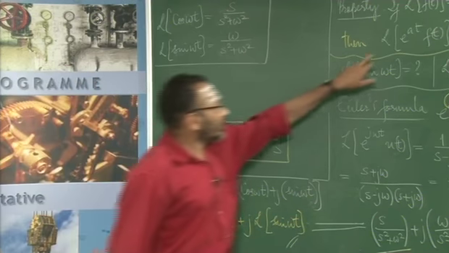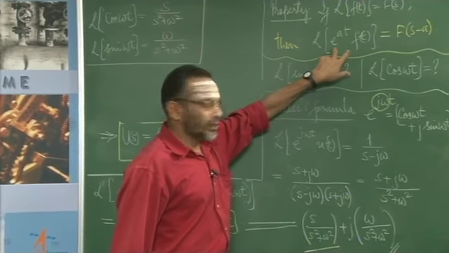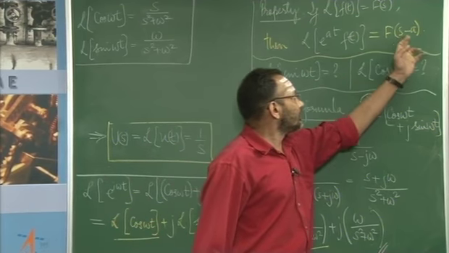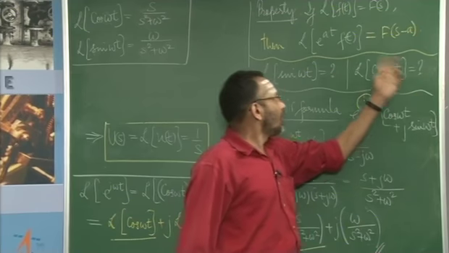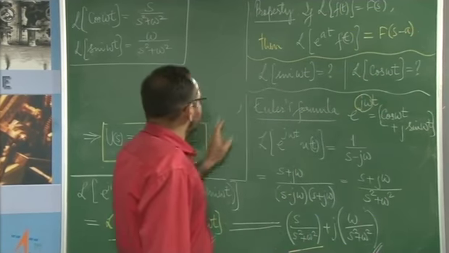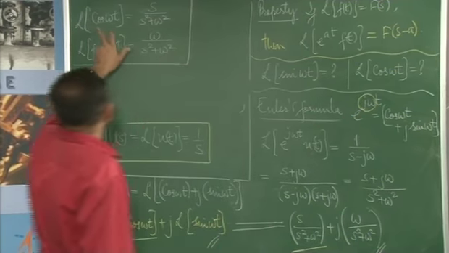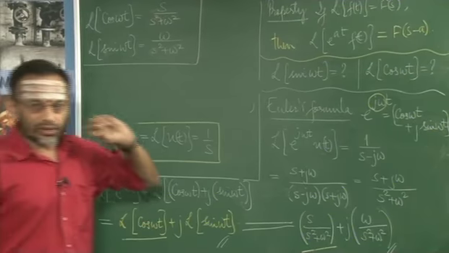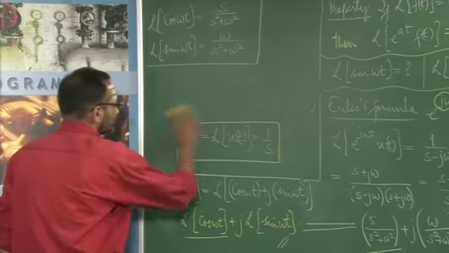Then we have seen that if I multiply the function by e to the power of a t, then it will be a shift here, because S is now being shifted to S minus a in the complex frequency domain. I get this property. Now, using this and this, I am able to obtain very simply the formulas for the Laplace transform of cos omega t and the Laplace transform of sin omega t. All right. So, these are the important things which you must keep in mind.